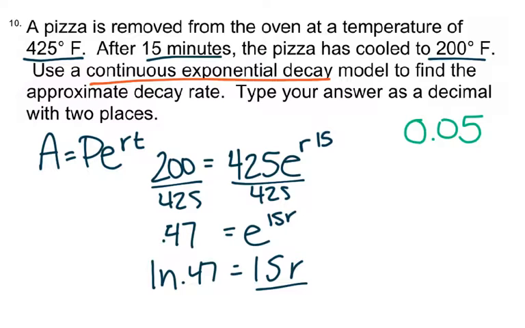And then the last thing I'm going to do is divide by 15. So that's how I get 0.05. And then remember, because it is decay rate, it needs to be a negative. I didn't want you to change your answer to a percentage for this one, just keep it as a decimal.